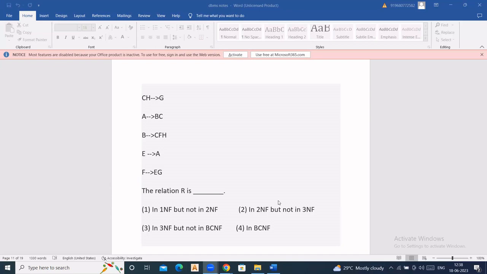You have to check this for only 2NF, okay? You get the answer.